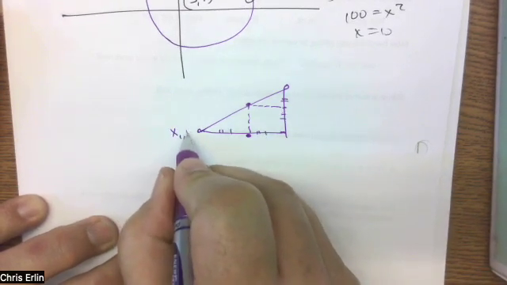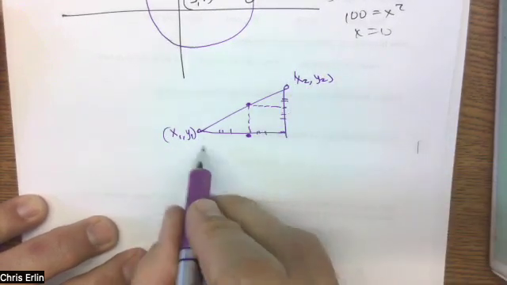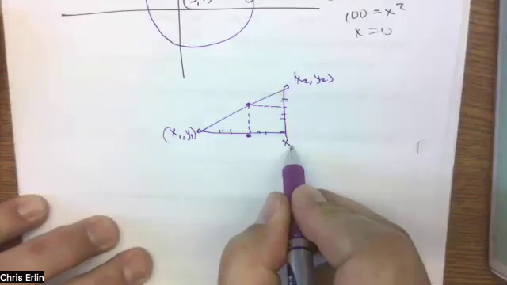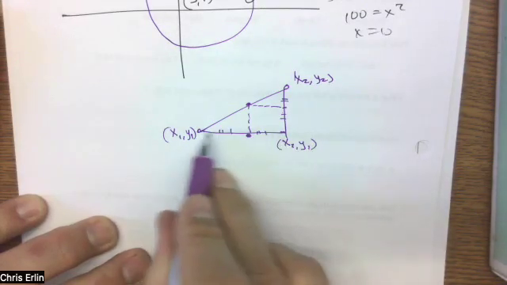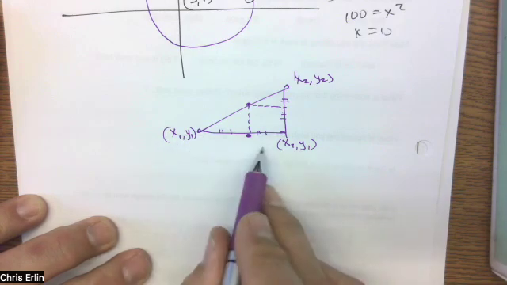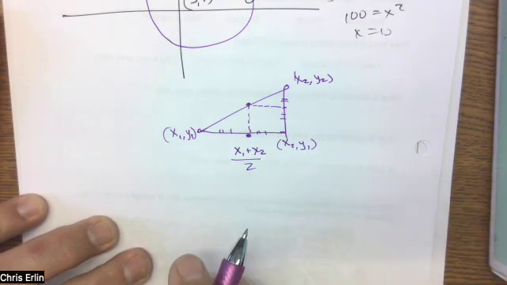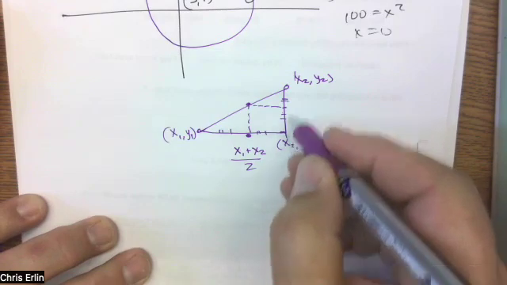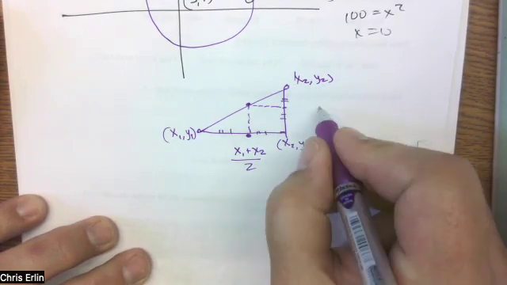So if this is x1, y1, and this is x2, y2, first let's find the x value. This is x2, y1. So what's the midpoint of these? Well, the y's are the same. So all we need to do is find the average of the x's. And then what's the midpoint of these two? Well, the x's are the same. So all we need to do is find the midpoint of the y's.